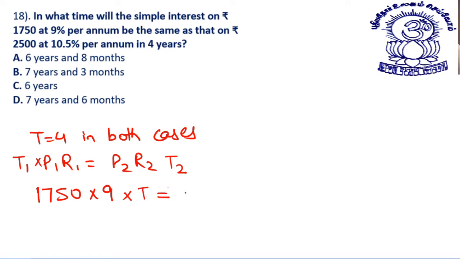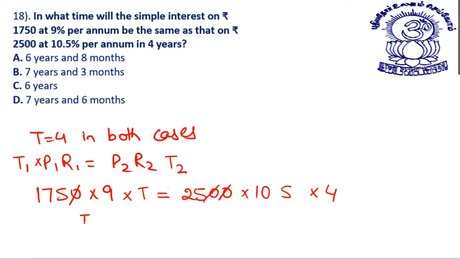In the second case, we have the principal as 2500, rate as 10.5%, and the time given to us is 4 years. Okay, so what will happen is, whatever you can cancel, first of all, this 0 and this 0 cancel. Then if I cancel this 0 with this decimal, this can be done.